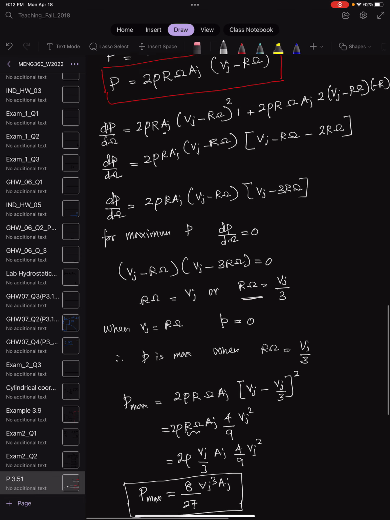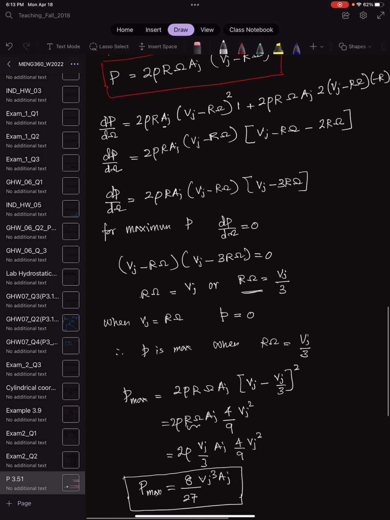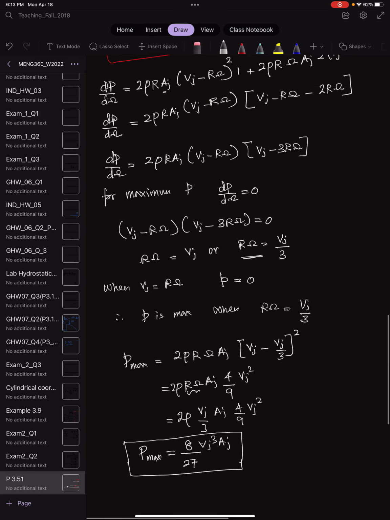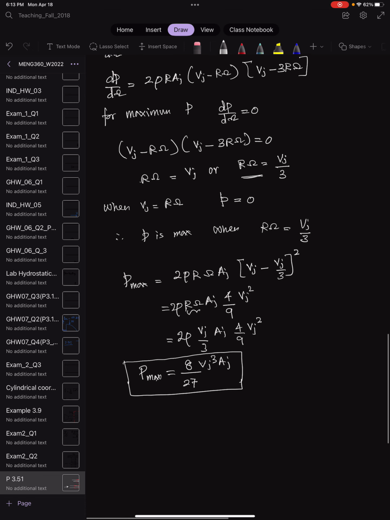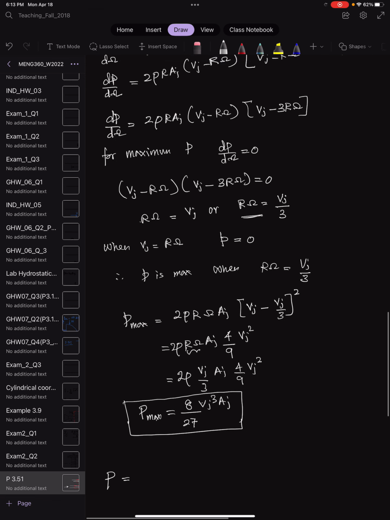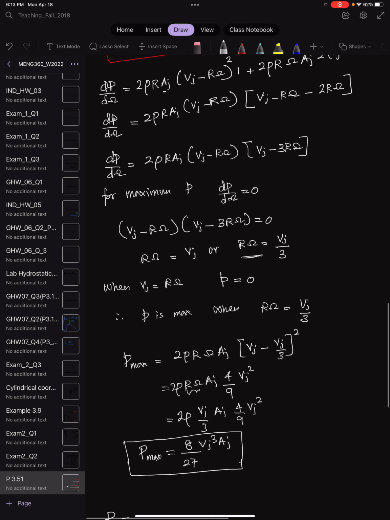So we can say that power is equal to, the mass flow rate would be rho Aj vj.